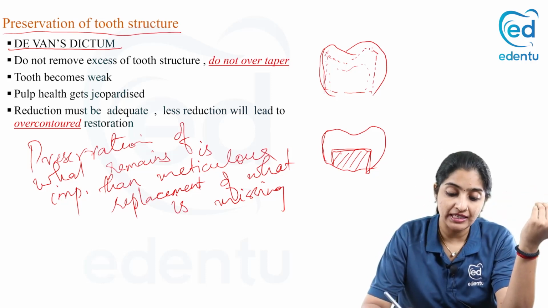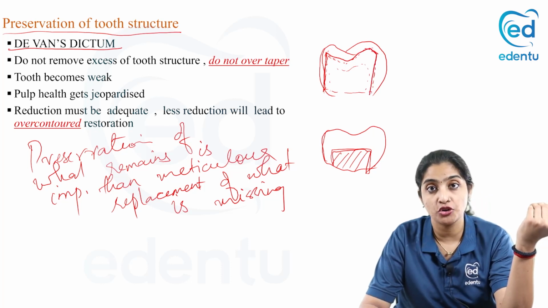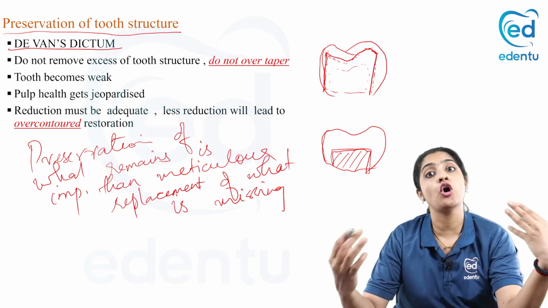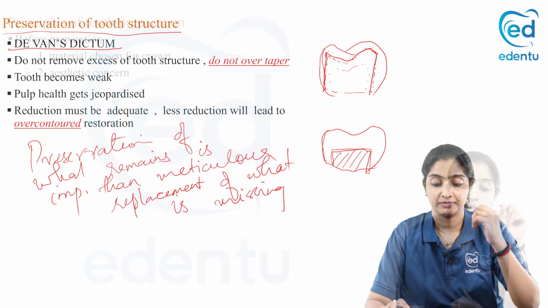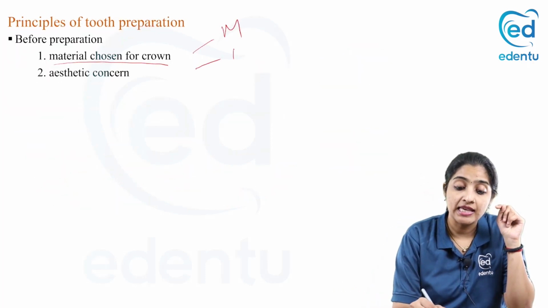If I do not give at least this much space when I am reducing, where will I place the prosthesis on top of that? There will not be any space. So it will be an over-contoured restoration. This depends on the material chosen for the crown. Is it a metal? Is it a porcelain fused to metal? Is it an all ceramic?